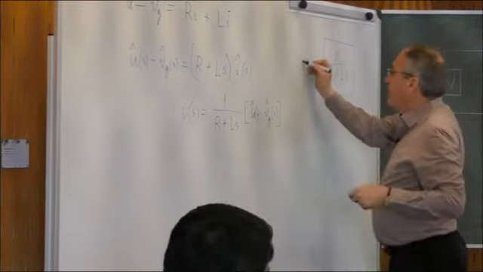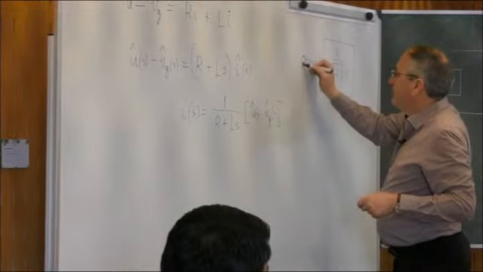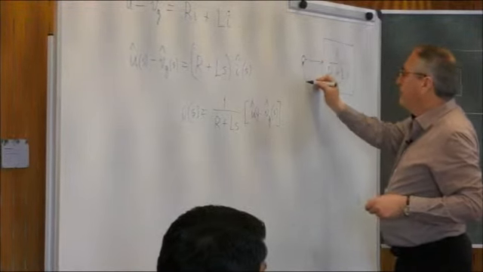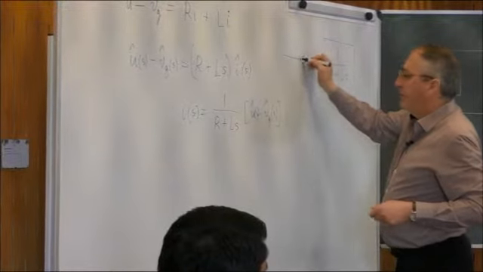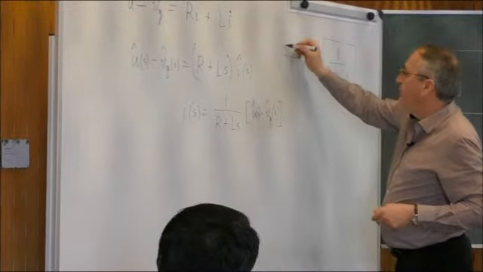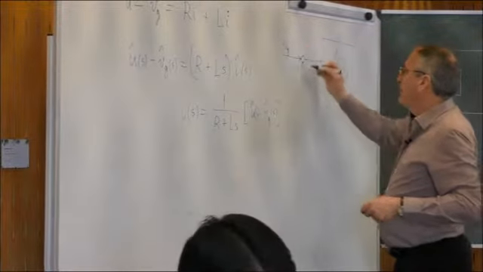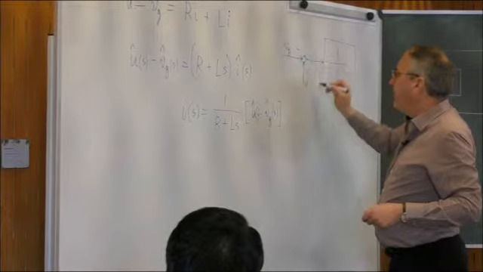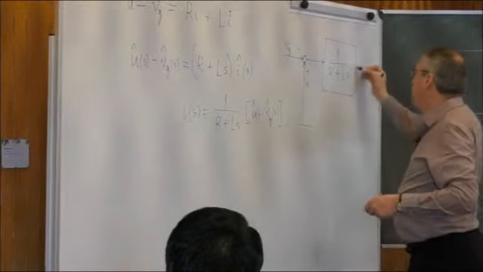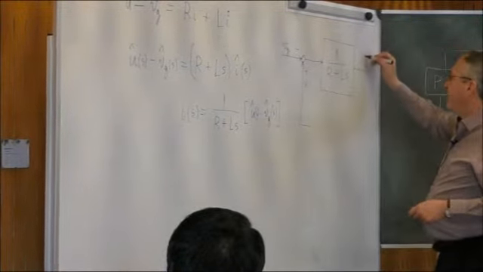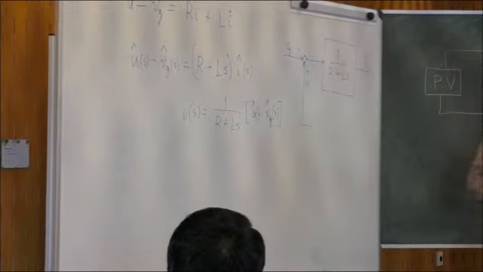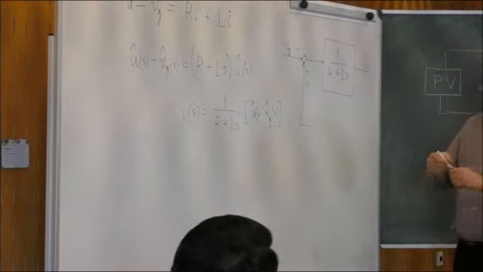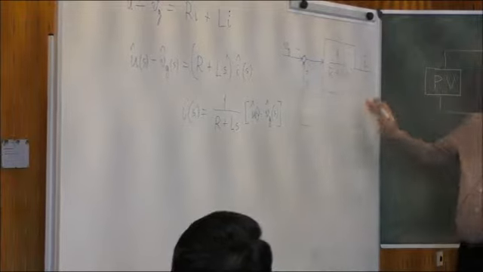So I have U and Vg. This comes with a minus sign and this with a plus. And here comes the current I. So you understand that my plant looks like this.